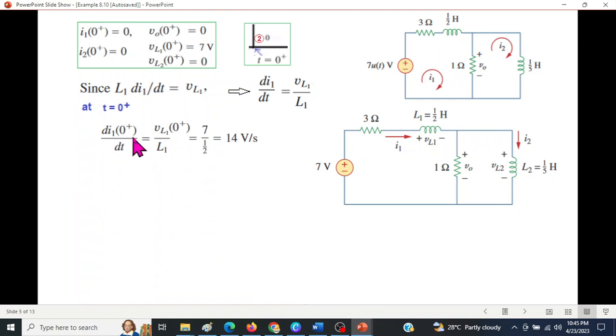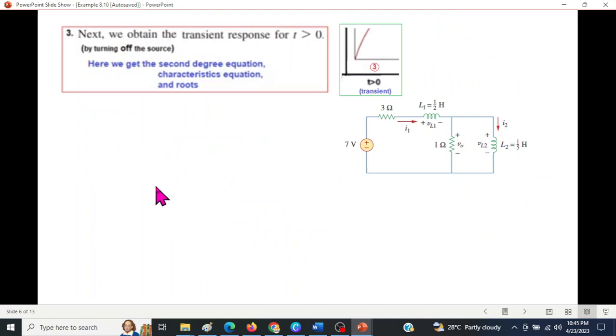And now putting in the value at t equal to 0 plus, VL1 at 0 plus is 7 volt, L1 is half, so di1 at 0 plus by dt is 14. And VL2 is similarly L di2/dt, so di2/dt at 0 plus is VL2 over L2. Now this is 0, therefore the whole thing will be 0.